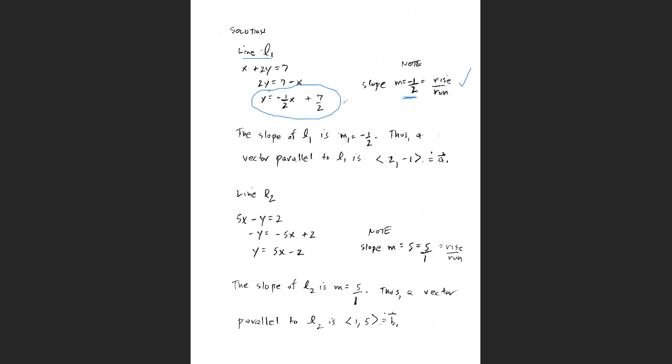So pick a point on the line, go to the right 2 units, and then go down 1 unit, and you'll be back on the line. This means then that the line has to be parallel to the vector 2, -1. So far, are we comfortable with that?